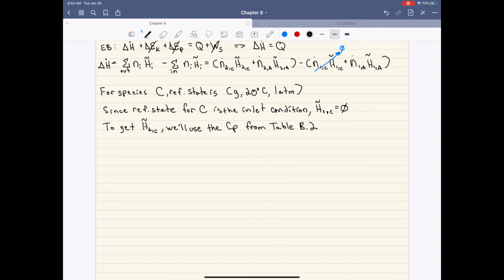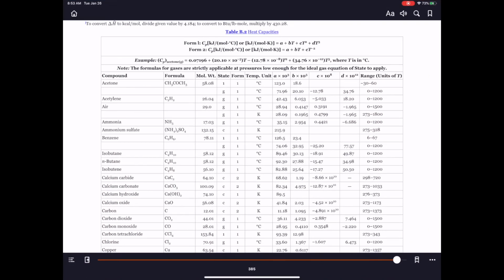So at this point, let's go to the textbook. Here in table B2, it lists various chemicals, the functional form of the heat capacity equation, and the constants for that equation.